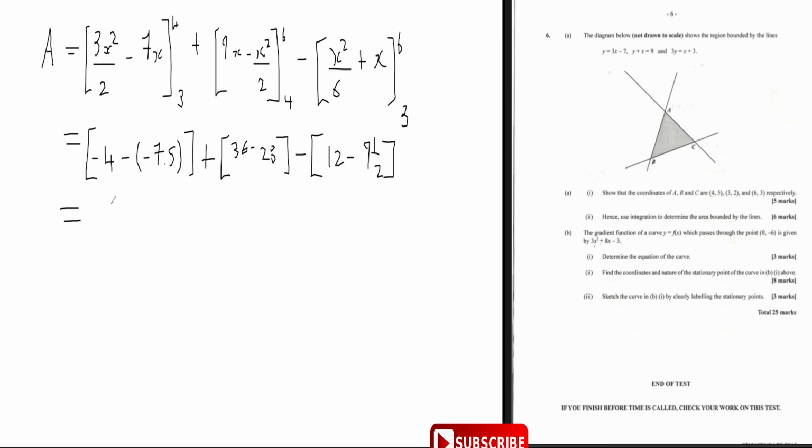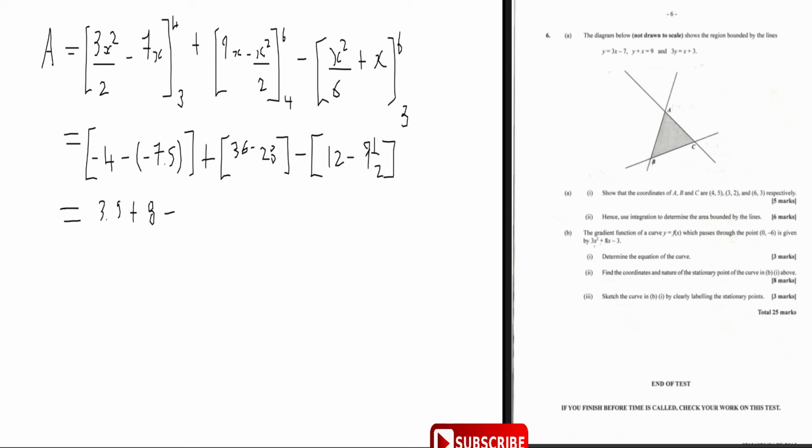Minus 4 minus 7.5. This part is 3.5. Plus this part is 36 minus 28, that's 8. I'm positive.